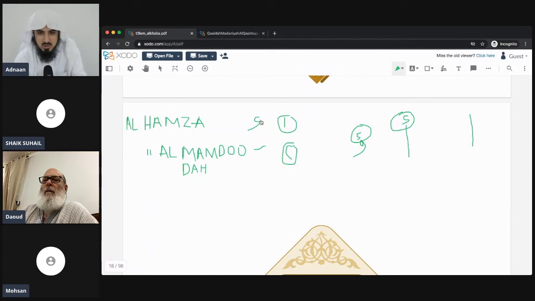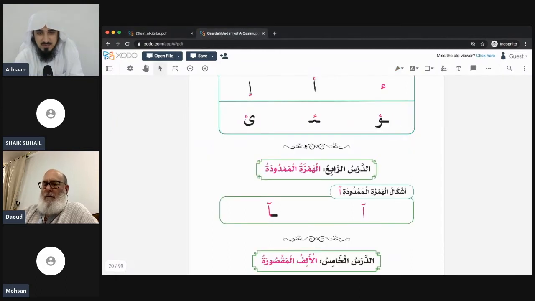So can you see this is your cue here? Yes, Sheikh. The minute you see this small Hamzah with the wave, you see this, Al-Hamzah Al Mamdoodah, right?